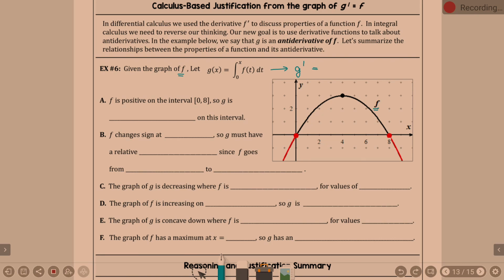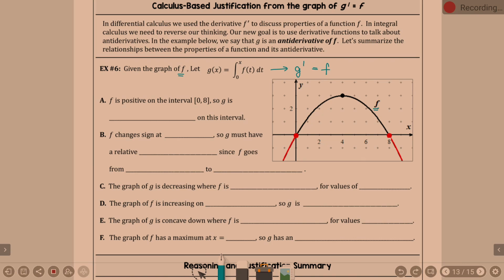They essentially cancel each other out and it's just going to equal a regular f. Okay, that's the connection. My brain personally does better if I go to that. So with this in mind, let's see. F is positive on the interval from 0 to 8. Okay, so what does that say about g on this interval?